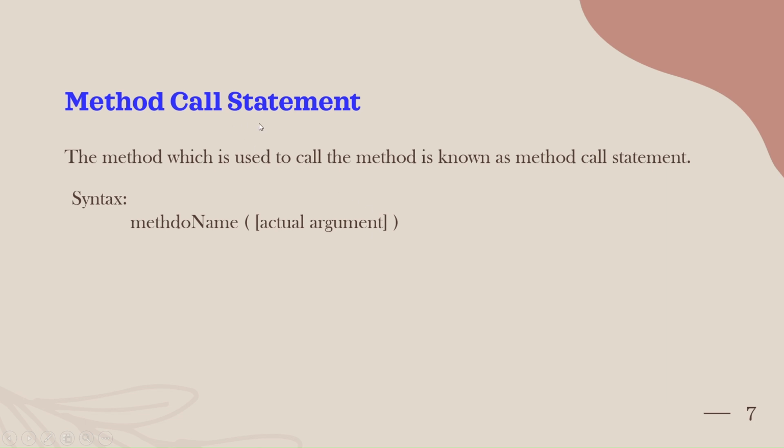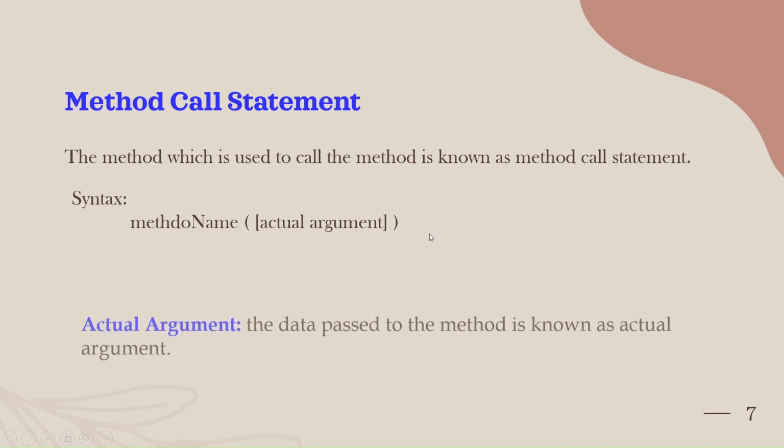When you call your method, that is called a method call statement, and here your program will start to execute your code. If you don't call your method, then your method will not execute. Without calling the method, it will never execute. And I forgot to mention the semicolon here to end the statement.